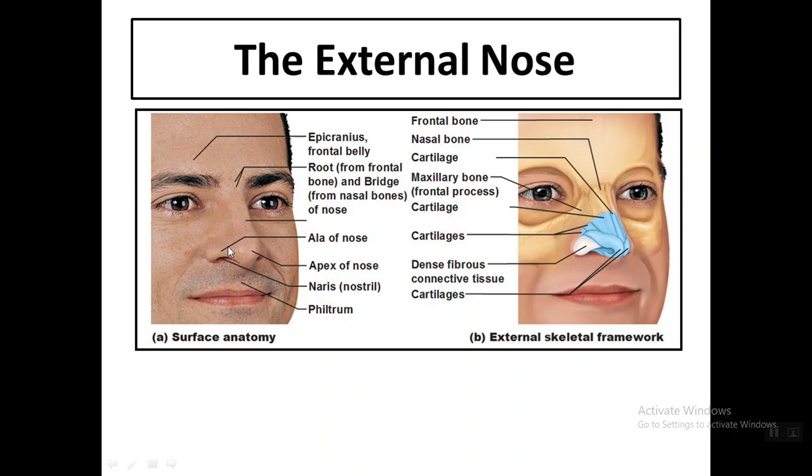It has two elliptical openings called nostrils. These nostrils, as we said, are separated from each other by the nasal septum, and it has a lateral border called the ala of the nose.